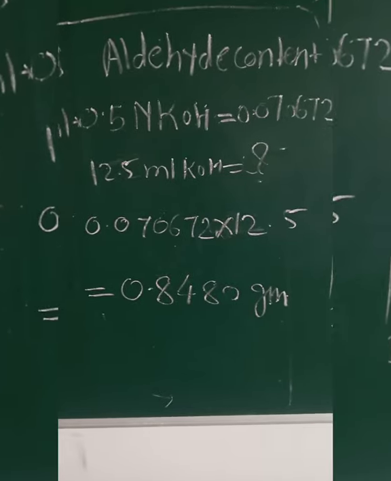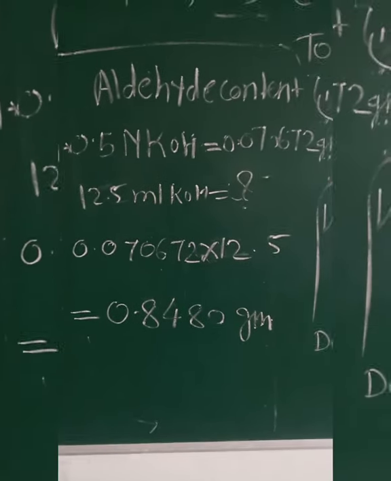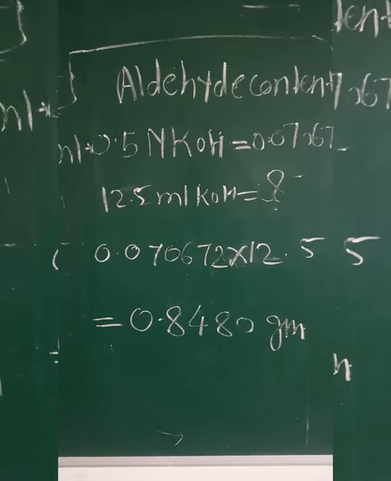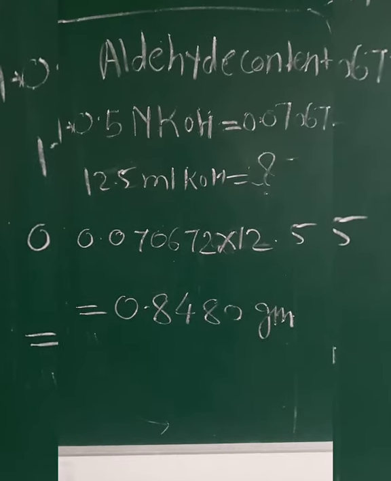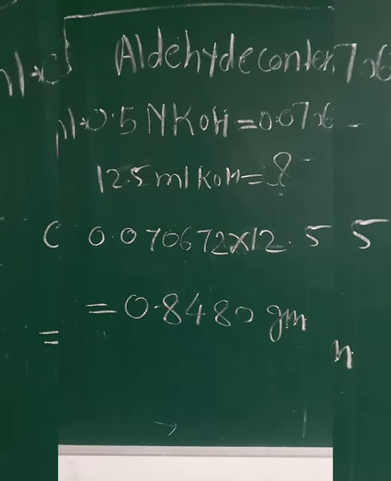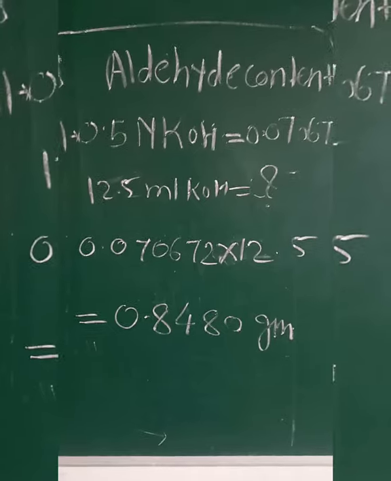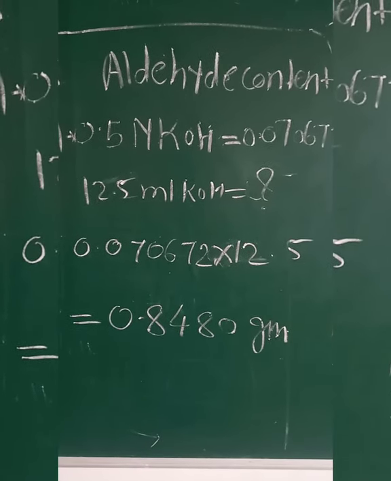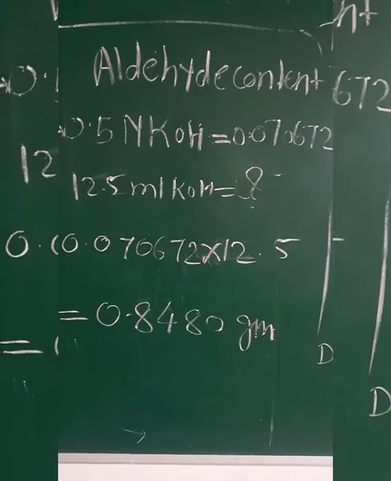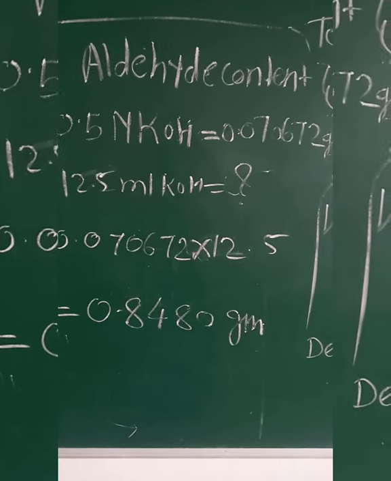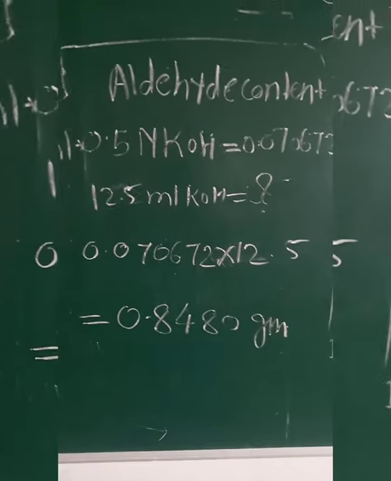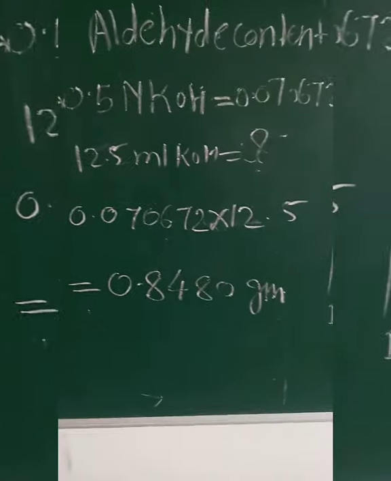In the determination of aldehyde content, we titrated our oil solution with the KOH solution. It is given that each ml of 0.5 normal KOH in 60% alcohol is equivalent to 0.070672 gram of citral. Here we put in our values: we require 12.5 ml of KOH.